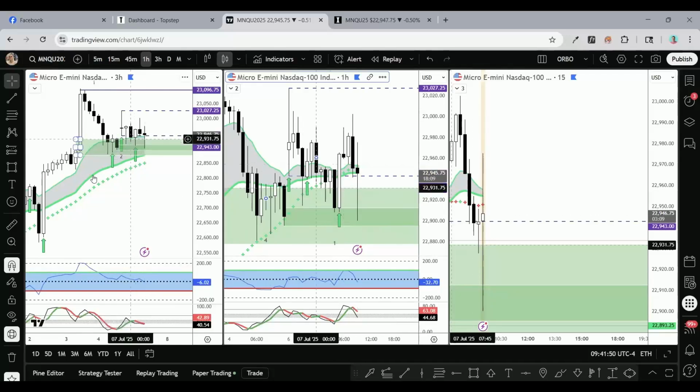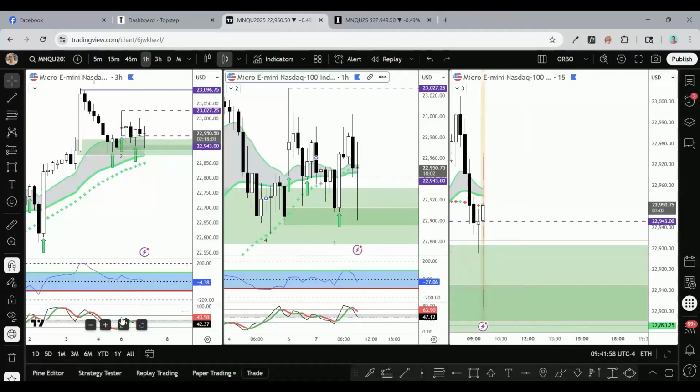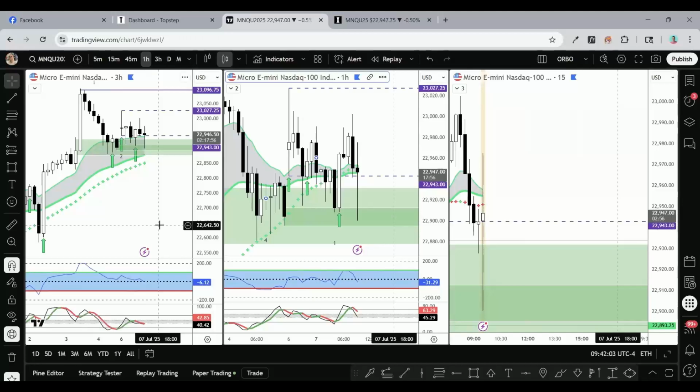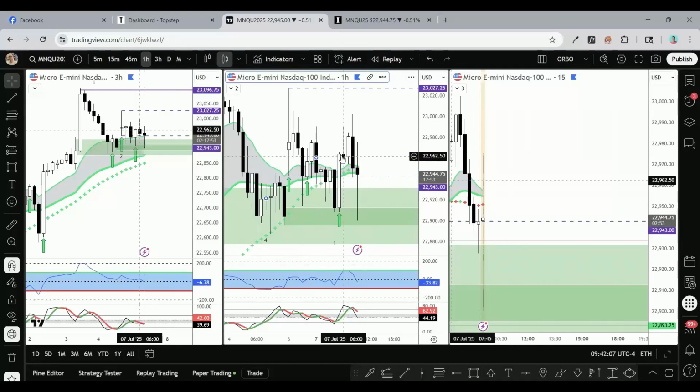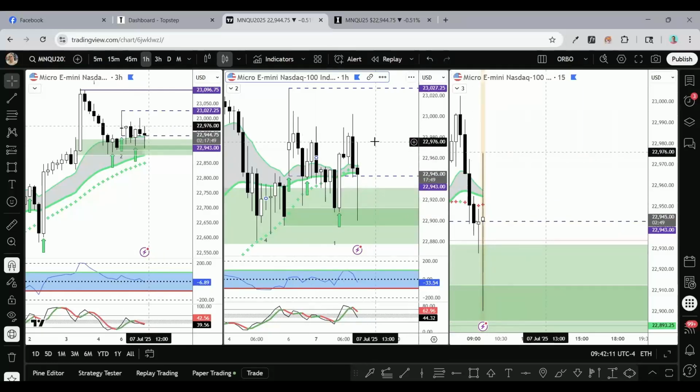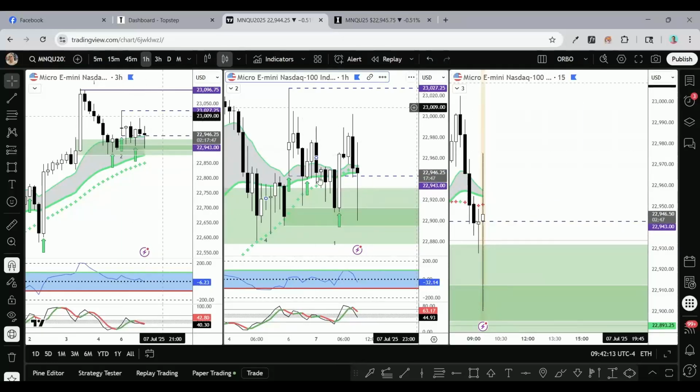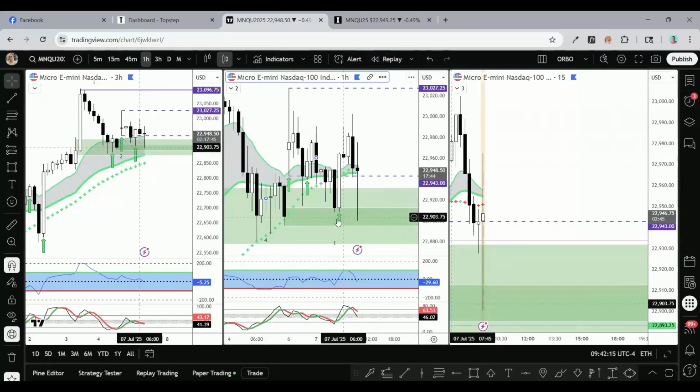Momentum's with us on the 3-hour in an uptrend. This little pullback and sideways movement is what's forming our cycle right now, and the same thing on the 1 hour. But it is still an uptrend. Little trend cloud signals firing off, right?